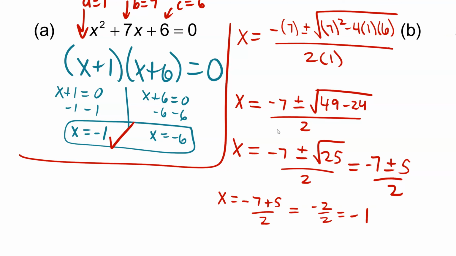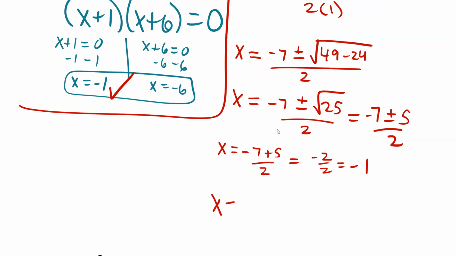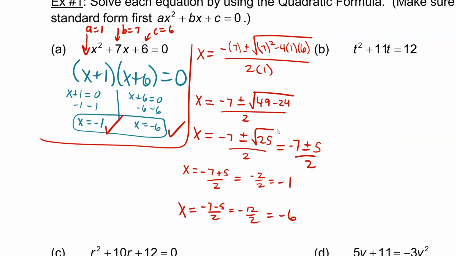It matches the first thing we found. x is equal to -7 minus 5 over 2, so that's -12 over 2, so that's -6. It matches. So it's longer. We use the quadratic formula, we know we got the right answer. It's just longer.